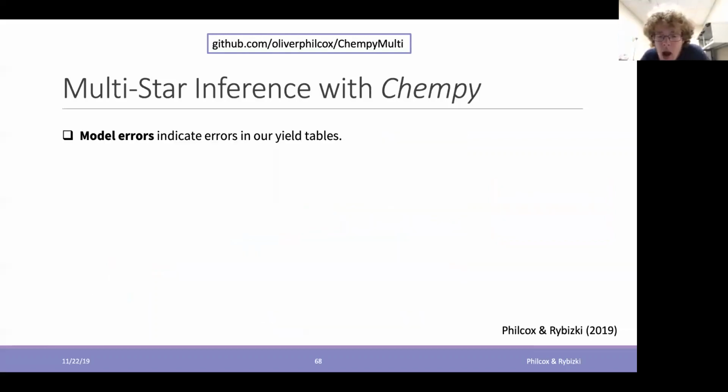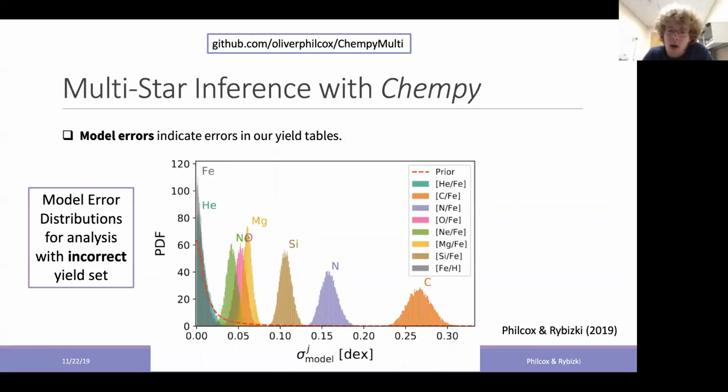Okay, so to talk a little bit more about what I was saying before, model errors are particularly useful in terms of our analysis, especially in this sort of context. They can indicate where our yield tables are going wrong. So this is the distribution of our model error parameters for the analysis when we use the wrong yield set to analyze our data set.